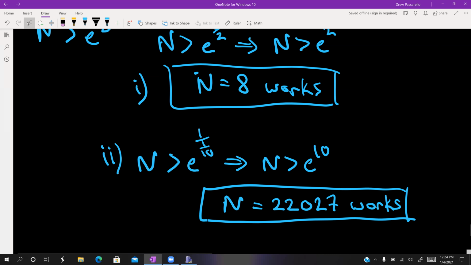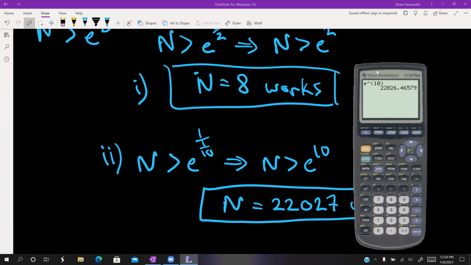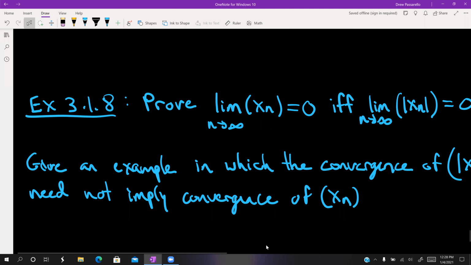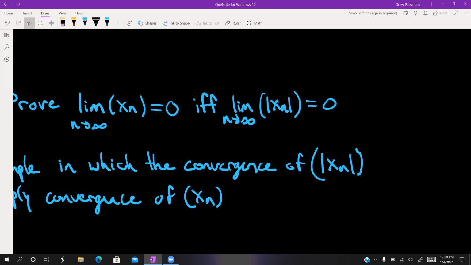I have one more example or exercise for problem 9. All right, so this is exercise 8. This was the last exercise for problem 9. And we're proving that the limit of some sequence xn equals 0 if and only if the limit of the sequence of the absolute value of xn also equals 0.